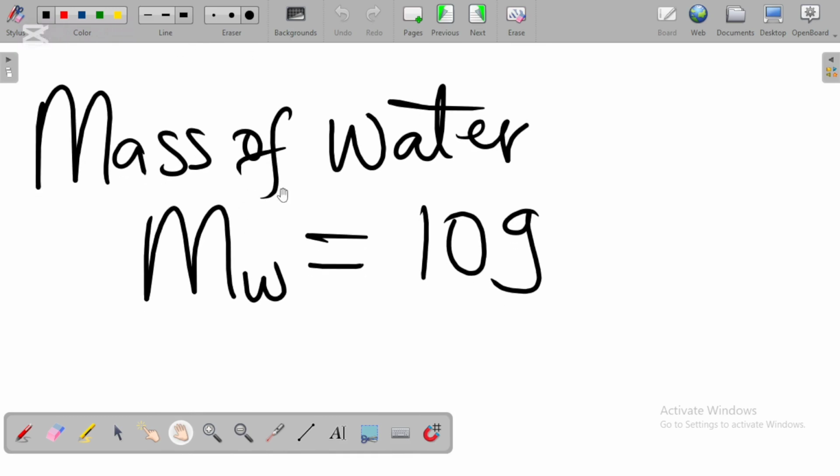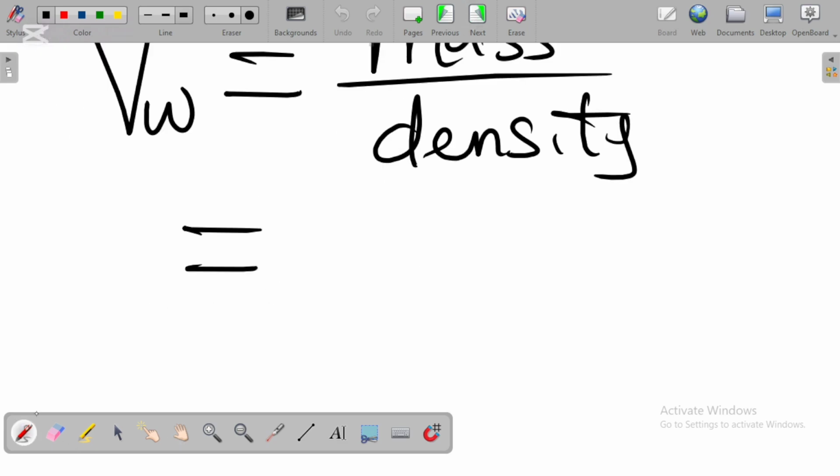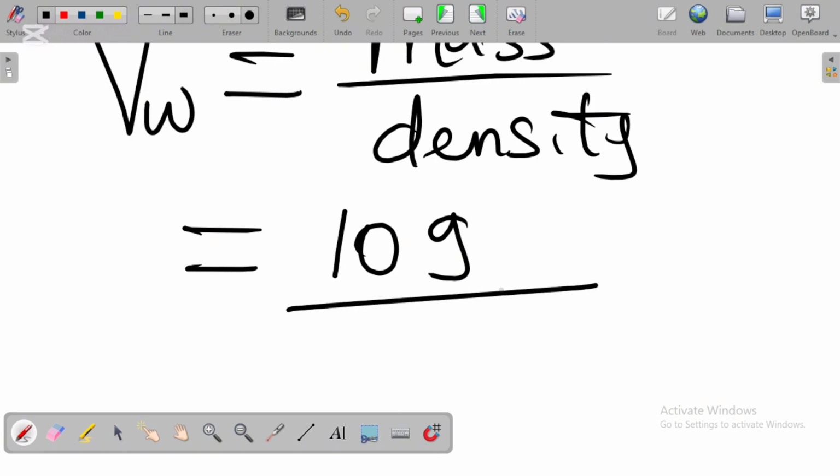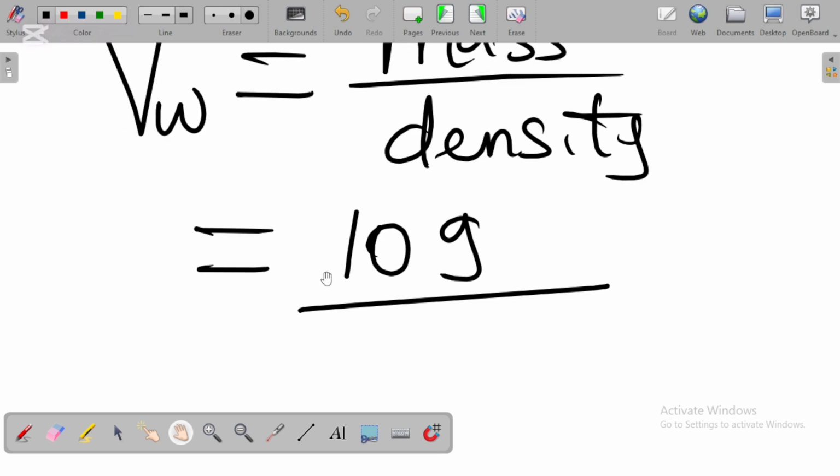The mass of water, as given in the question, is 10 grams, divided by... Now in the question, we are not given the density of water.